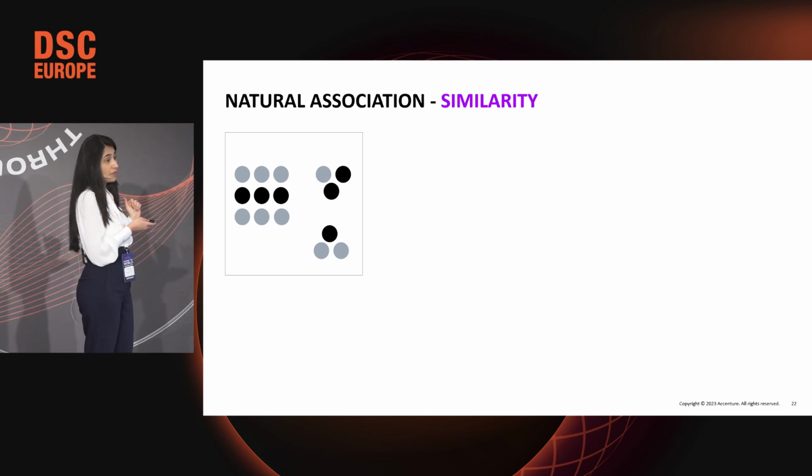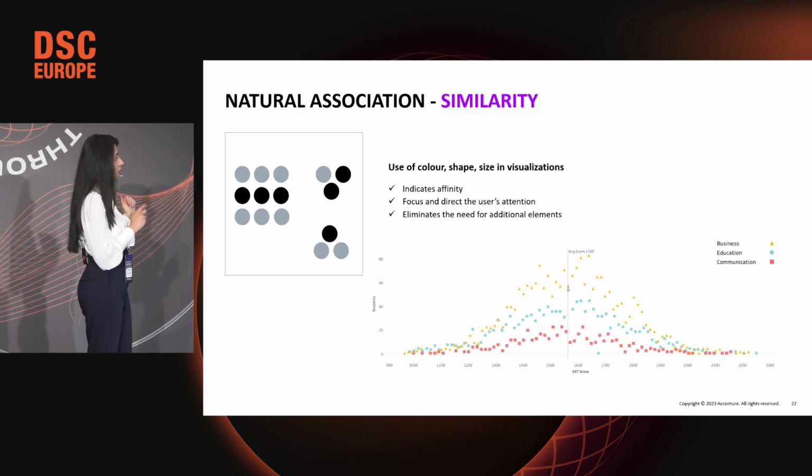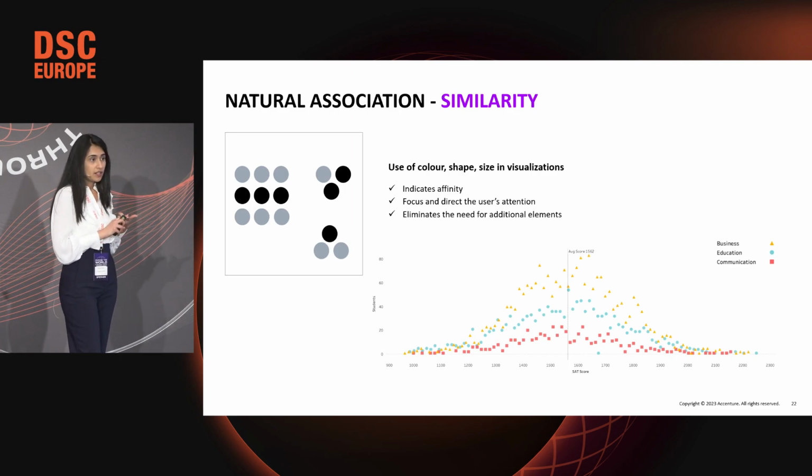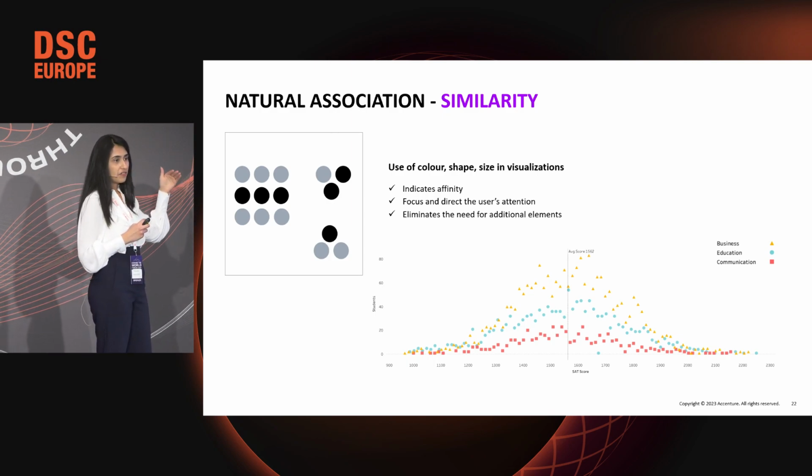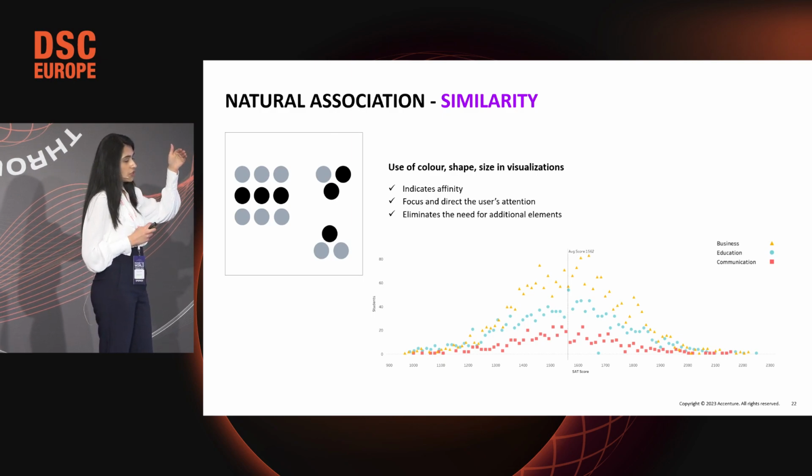When you implement this in your chart types, you can use color, shapes, or size in your visualizations. So here is a visualization which shows average SAT scores for different colleges. You have the College of Business, Education, and then Communication.